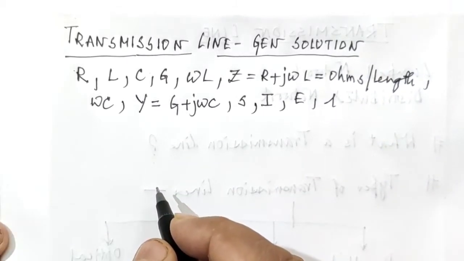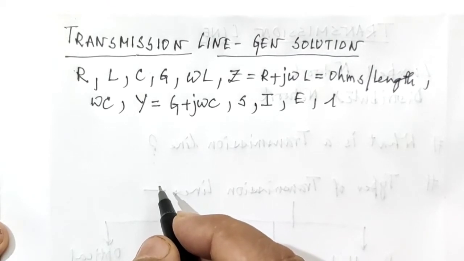Now we are going to draw a line that in the limit may be considered as made up of cascaded infinitesimal T sections, one of which is shown.